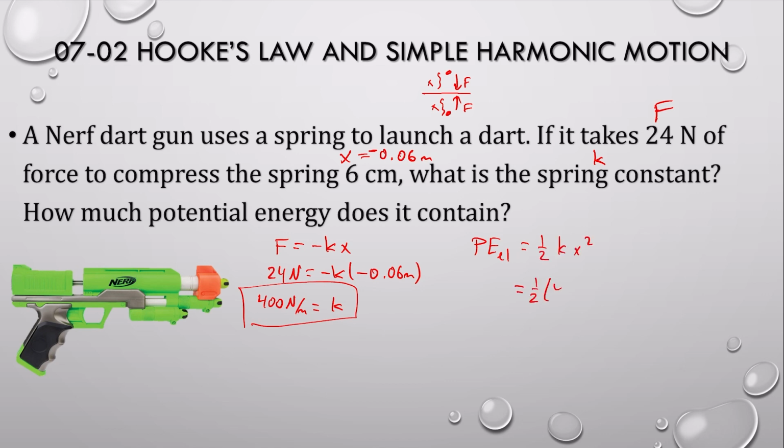So it's 1/2 times 400 newtons per meter that we just found, and our displacement was negative 0.06 meters, squared. Which gives 0.72 joules of energy.